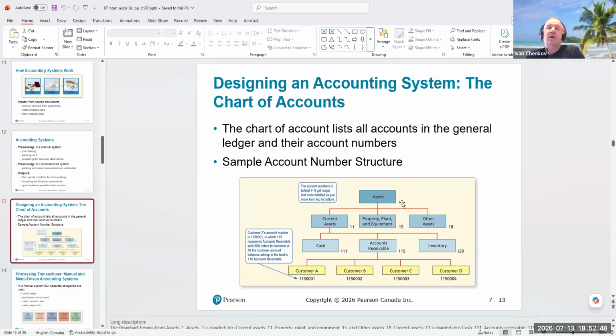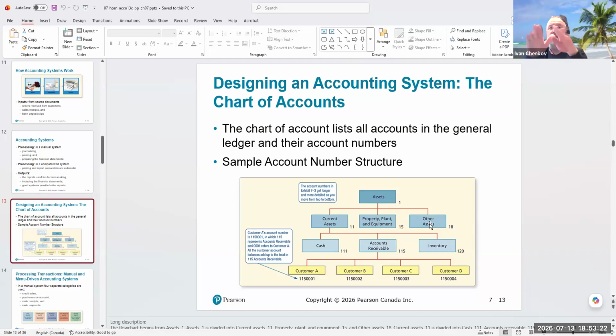We already know one is for assets, and then we're going to have accounts, which will be current assets, property, plant, equipment, other assets. But as you can see, those are more like subheadings of certain categories. And under the current assets, we now have cash, accounts receivable, and inventory. Now, accounts receivable is a compound account of many other accounts.